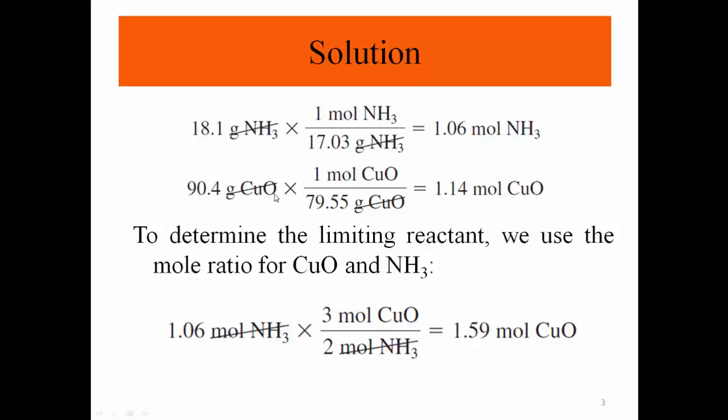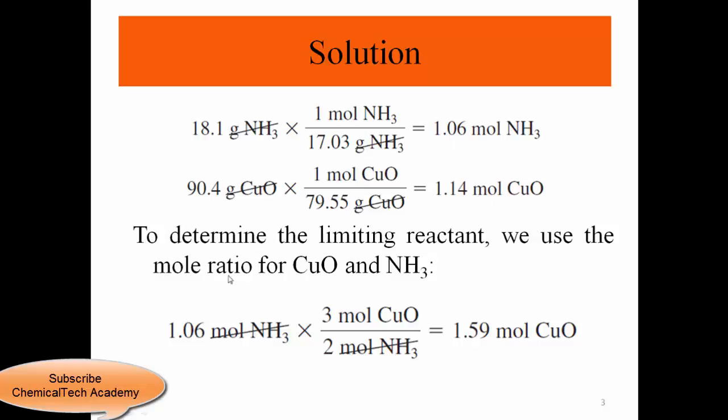On the other hand, we have CuO, 90.4 grams. If we divide it by the molar mass, which is 79.55 grams per mole, we get the number of moles of CuO, which is 1.14 moles. To determine which one is the limiting reactant, we use the mole ratio for CuO and ammonia. This is another approach to find the limiting reactant.